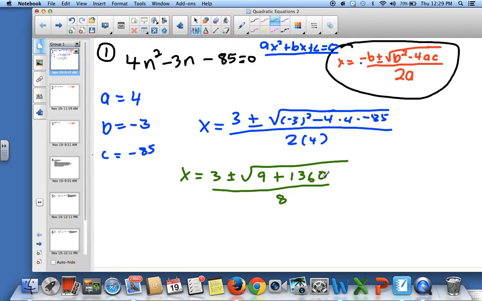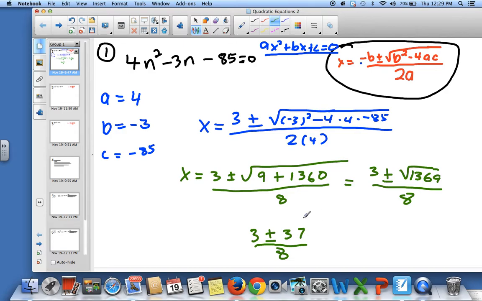You can check that on the calculator, which is going to be 3 plus or minus the square root of 1369 all over 8. The square root of 1369 is just 37, so it's going to be 3 plus or minus 37 over 8.